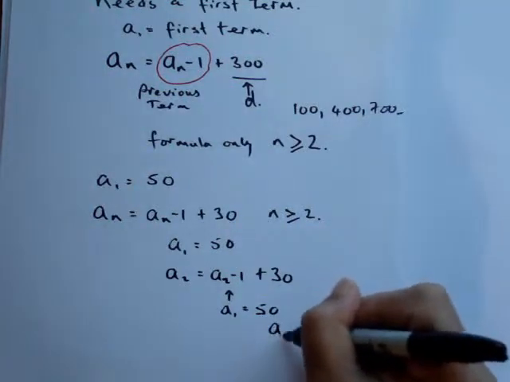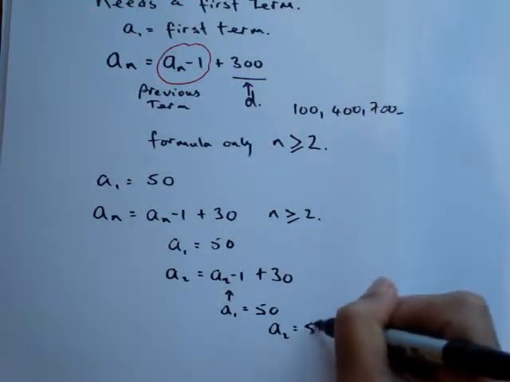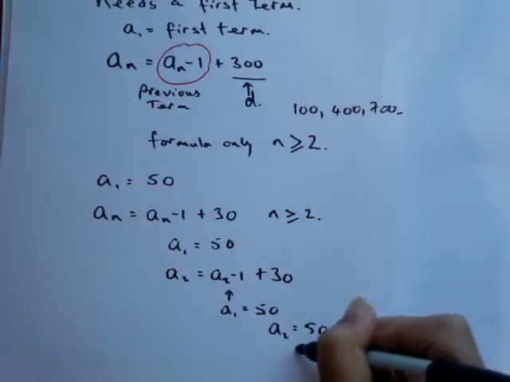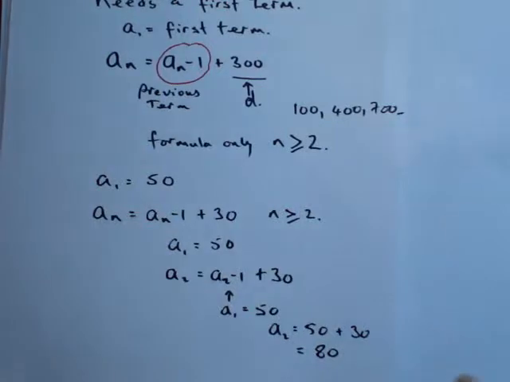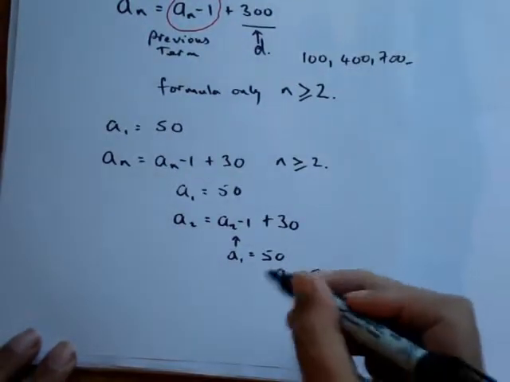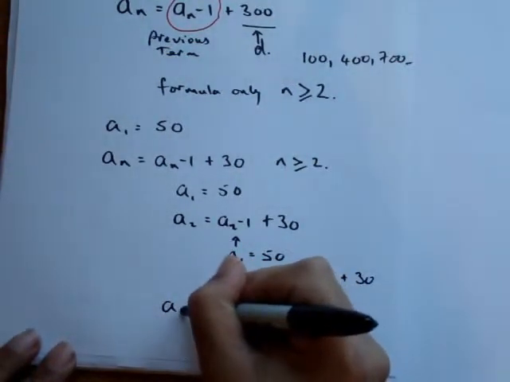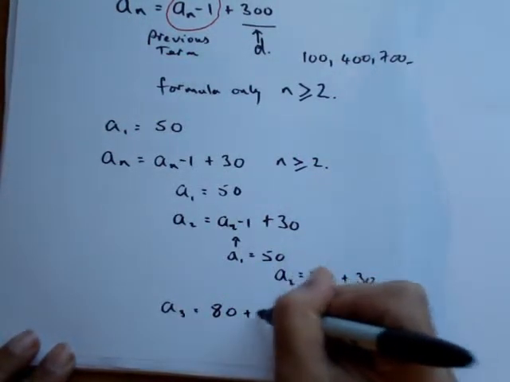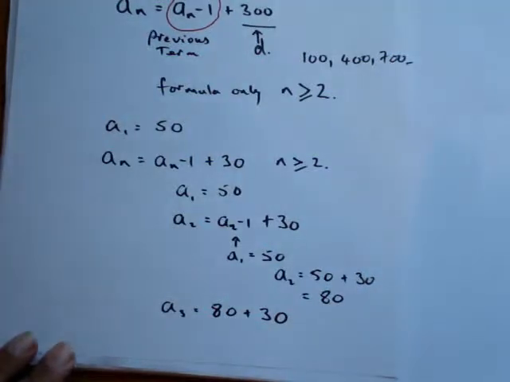So A sub 2 equals 50 plus 30, which is 80. And similarly, A sub 3 would be 80 plus 30.